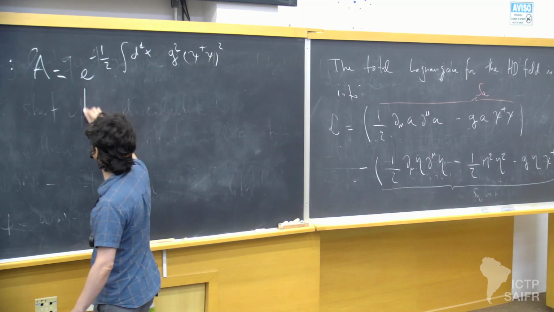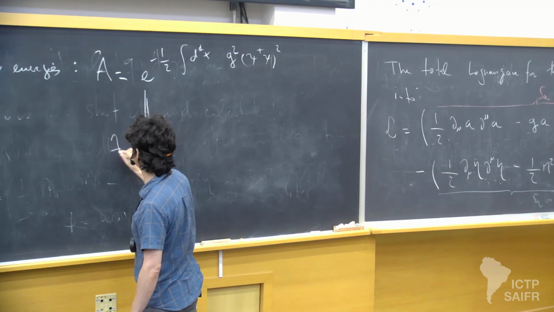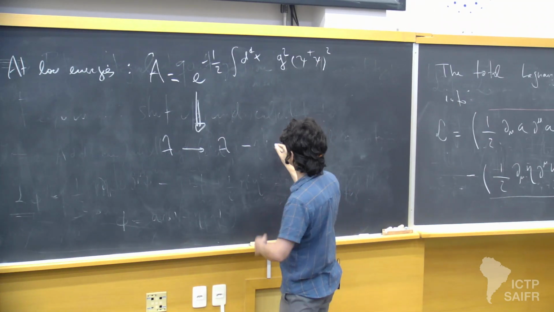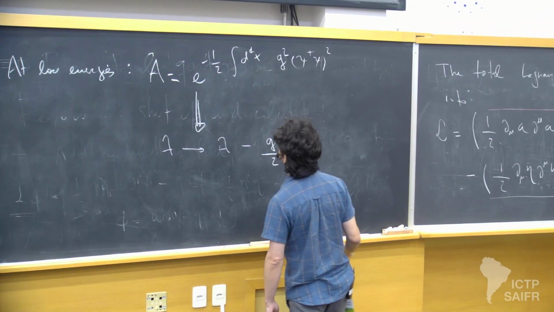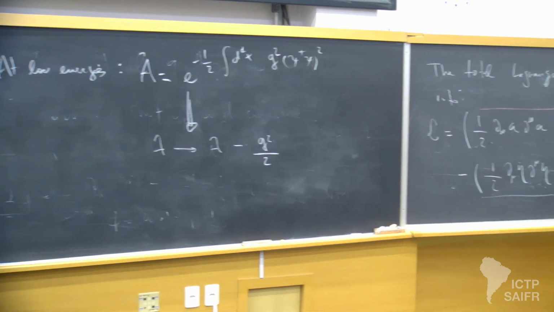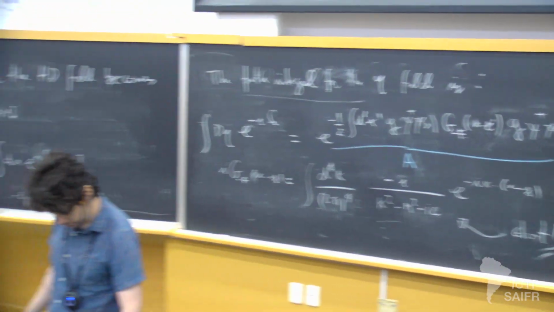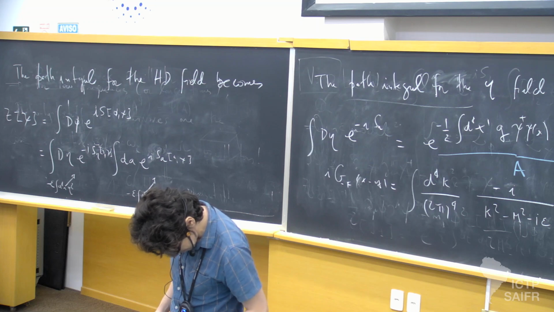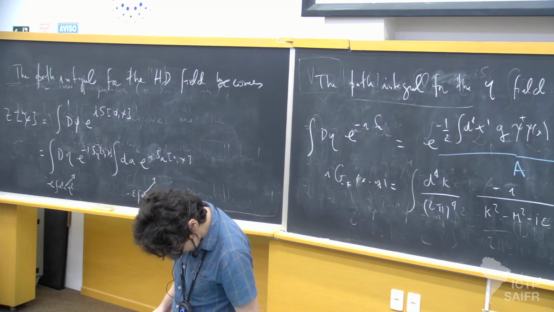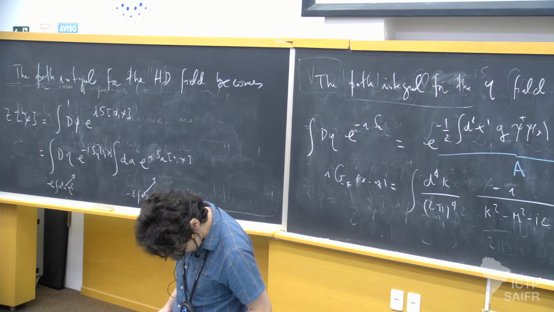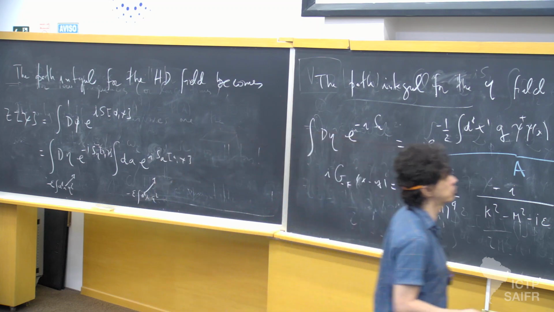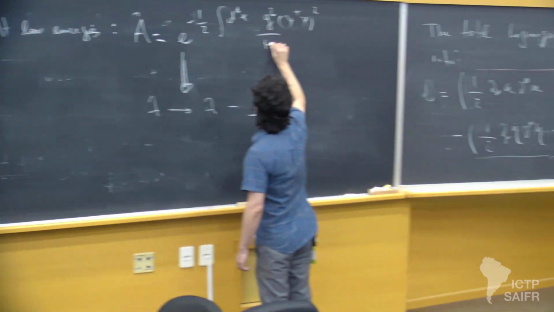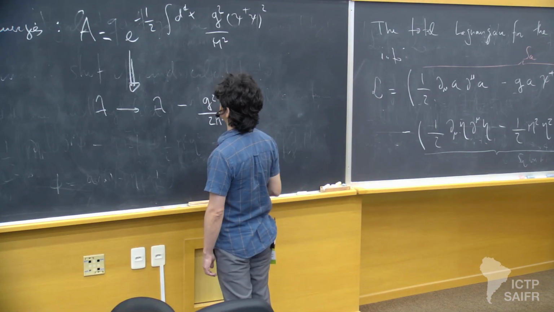So at low energies, this guy here just shifts the coupling constant with a minus sign, of course. Am I missing any factors? Let me check, because I'm doing this calculation quite fast. No, it's cool. Of course, I forgot the M squared, right? I forgot the M squared. So it's just an M squared.